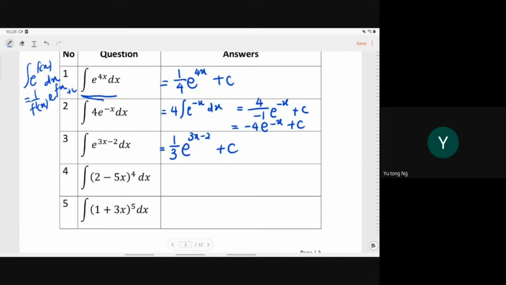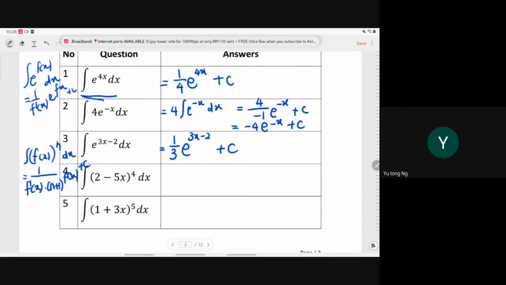In this one, you can use integration by substitution, or you also can use the formula where if you are integrating (f(x)) to the power of n dx, the answer will be 1 over f prime x multiplied with n plus 1, and then f(x) to the power of n plus 1, plus c.